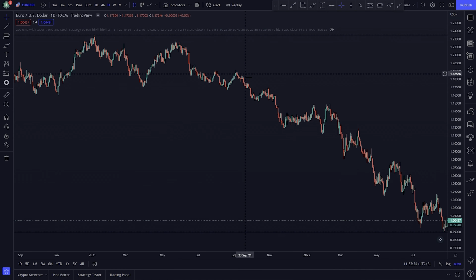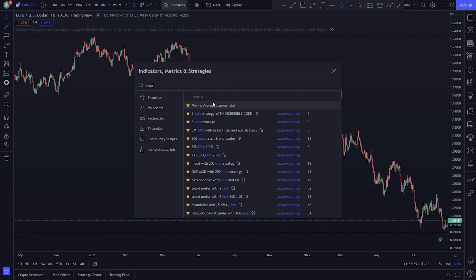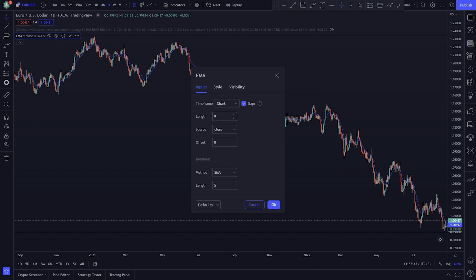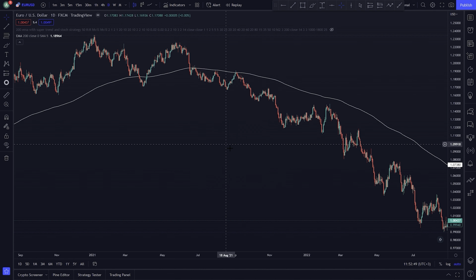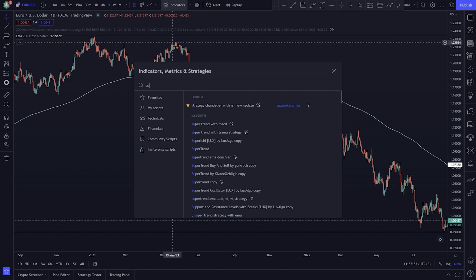This strategy includes 3 free TradingView indicators. Now let's go ahead and add them to our chart. 200 EMA. Super trend.